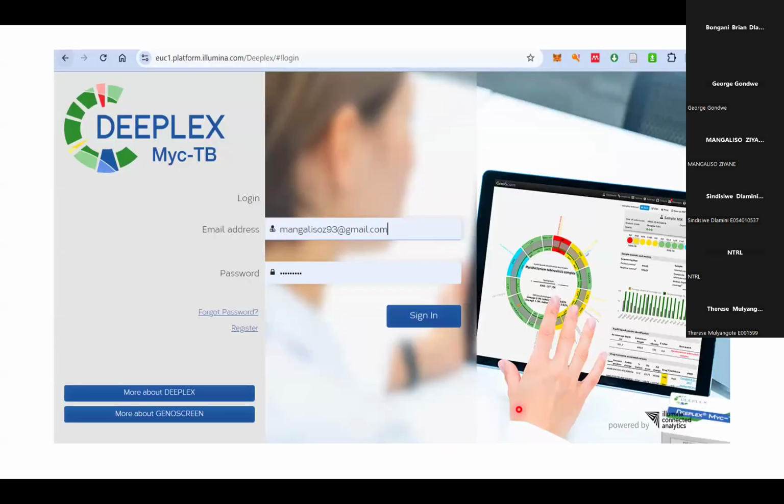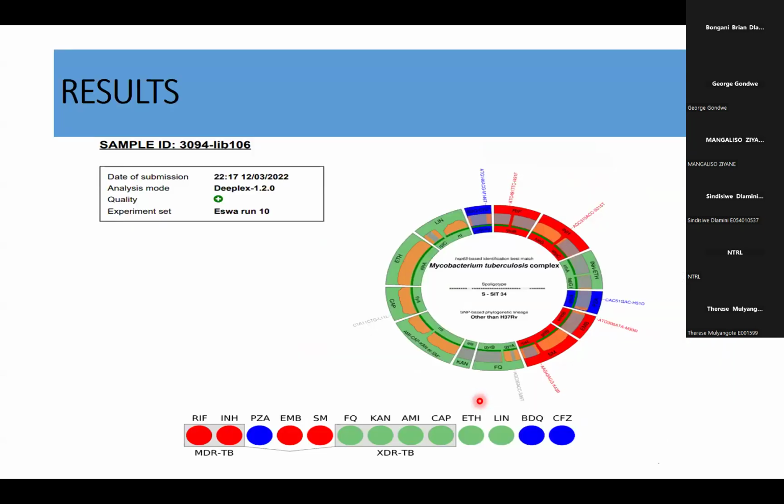So this is how the duplex web looks like. So you log in and then you put your password, then you upload the sample for analysis. So this is an example of the results that you get from our sequencing. So here you can see that we have all the drugs like we mentioned, from rifampicin to clofazimine and bedaquiline.